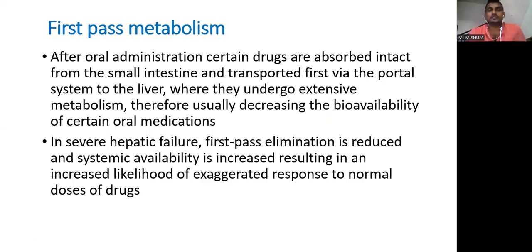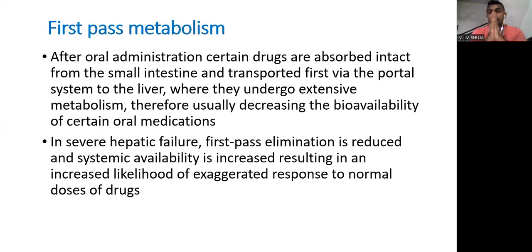So what is first pass metabolism? It's again a very interesting concept. First pass metabolism is when the drug passes through the liver for the first time and gets metabolized. After oral administration, before it reaches the systemic circulation, all the drugs are absorbed into the liver.